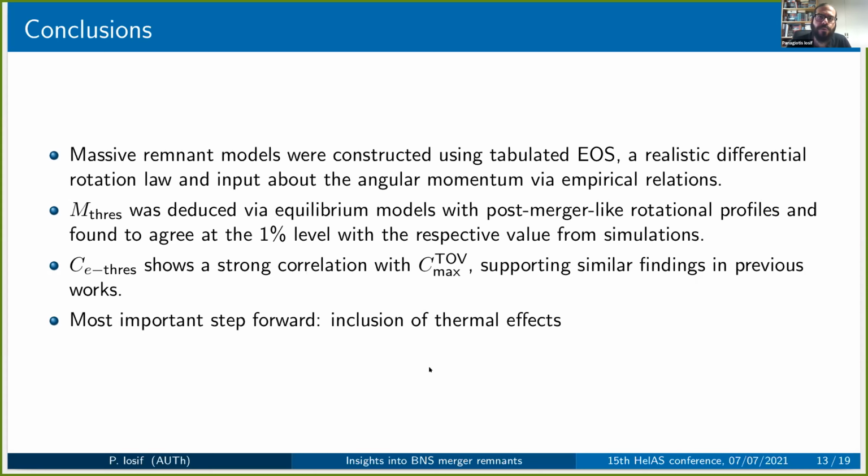And we also find support for the conjecture that I mentioned earlier in the literature, that the equatorial compactness at the threshold to collapse is strongly correlated with the maximum compactness of non-rotating models. And the most important step forward, of course, is to include the treatment for the temperature. This is ongoing work, and we are eager to find out how it will change the picture, if at all.